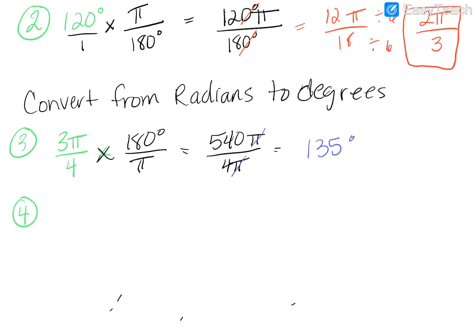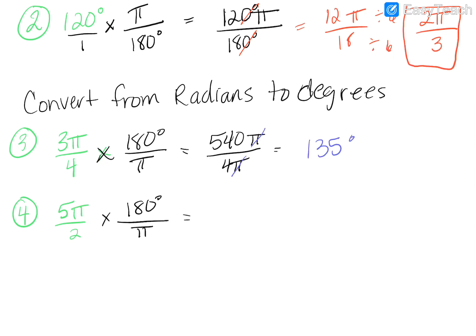And then here is the last example where I have 5 pi over 2, and I would like to convert that to degrees again. So converting to degrees, I'm going to multiply by degrees on top, pi on the bottom, and then you multiply straight across. So 5 pi times 180.